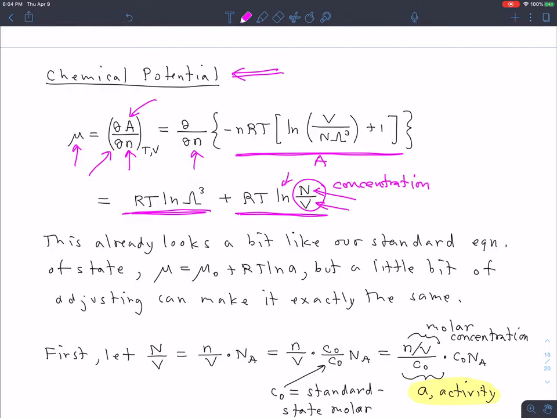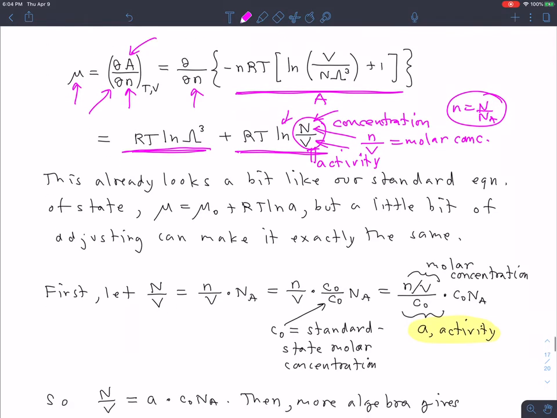But that should be closely related to concentration, because if this were mole numbers divided by volume, then it would be molar concentration. And we know that the number of moles is just the number of molecules divided by Avogadro's number. So clearly we've got something that's starting to look like activity here.